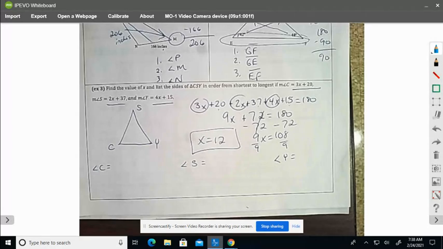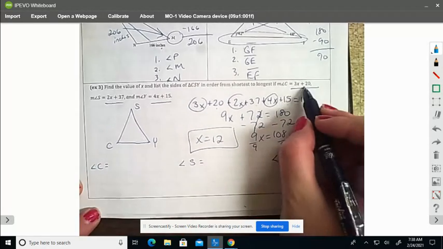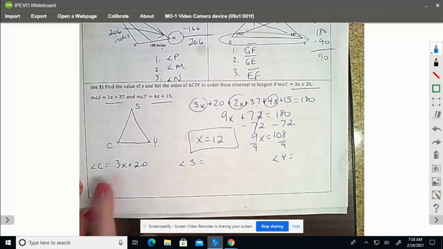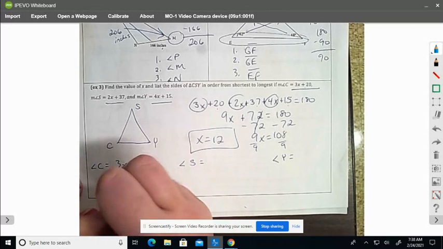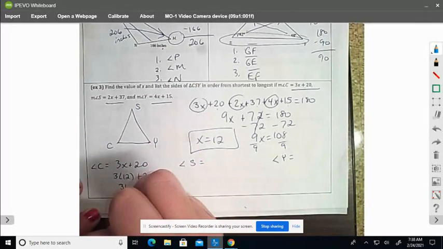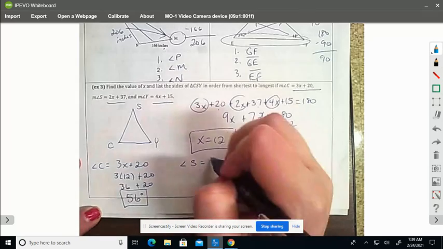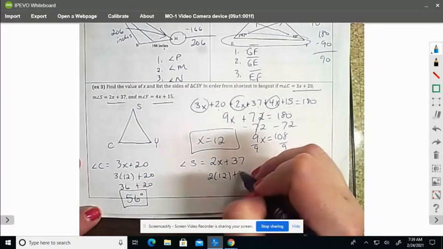Now that I know what x equals, I can find all three of these angles. Angle C was 3x plus 20, so I'm going to plug in 12. 3 times 12 is 36, plus 20 is 56 degrees. Angle S is 2x plus 37. I'm going to plug that 12 in again.